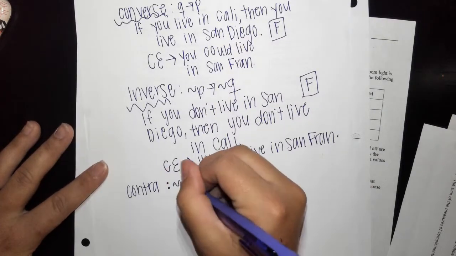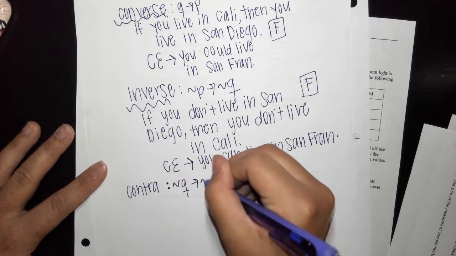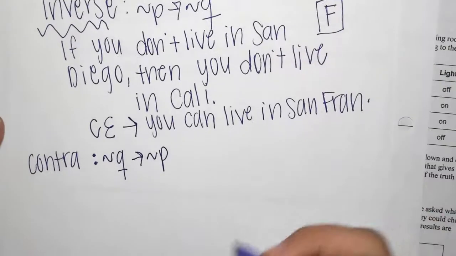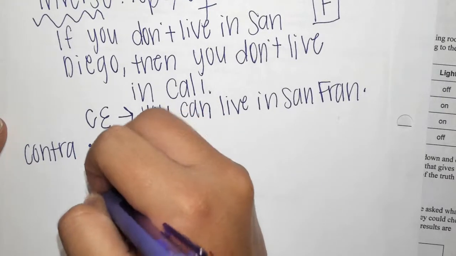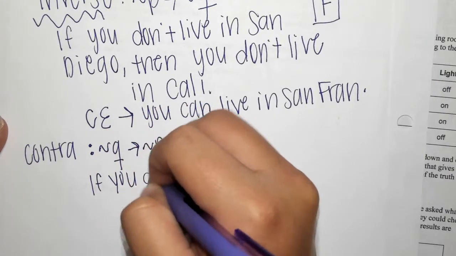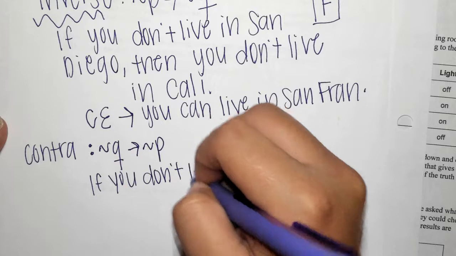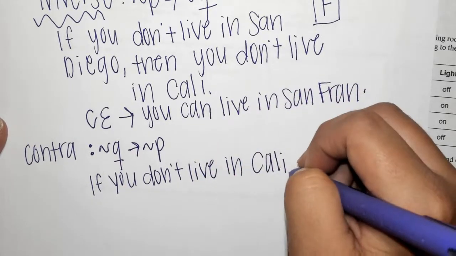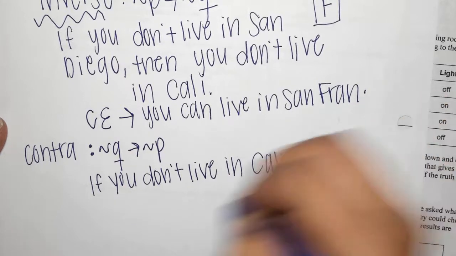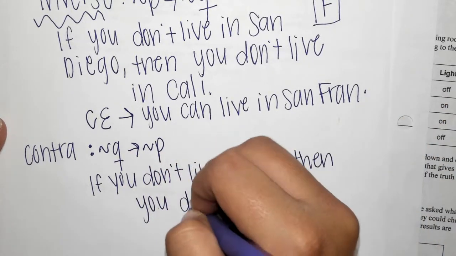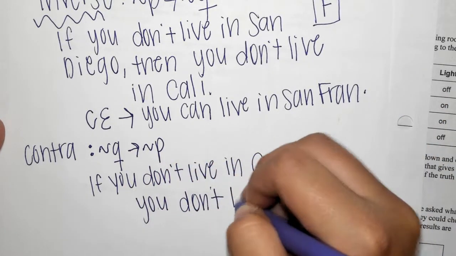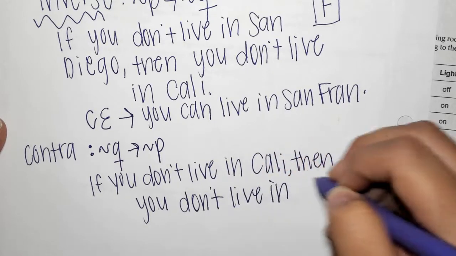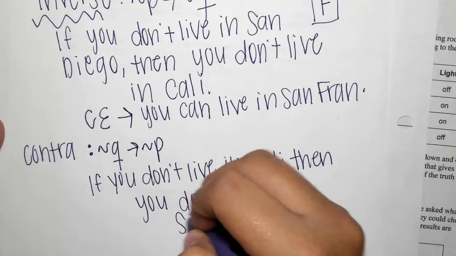So now we need to write if not Q, then not P. If you don't live in Cali, then you don't live in San Diego.